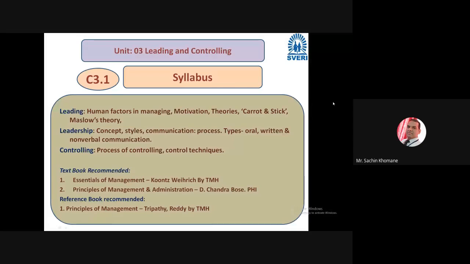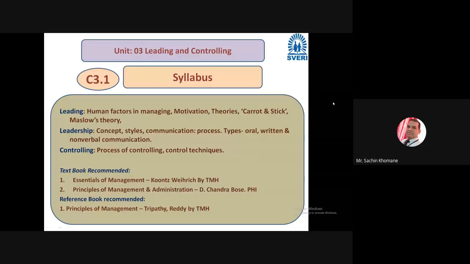Planning, that function we have seen in unit number 1, and the second unit covered organizing and staffing, right? So planning, organizing, staffing, that function we have seen, and now we are going to learn leading and controlling.